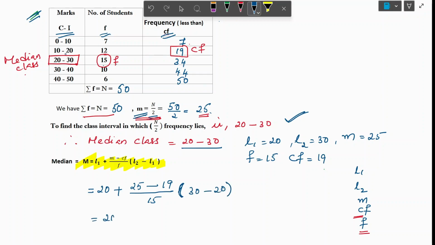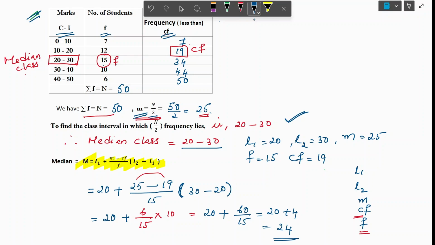Therefore, that is equal to 20 plus this subtraction, that is 6 here, divided by 15. The bracket I removed, I have written into 30 minus 20, that is 10. Therefore, this is equal to 20 plus 6 into 10. Numerator we are multiplying. 60 divided by 15, that is 20 plus 4. The answer is equal to 24.